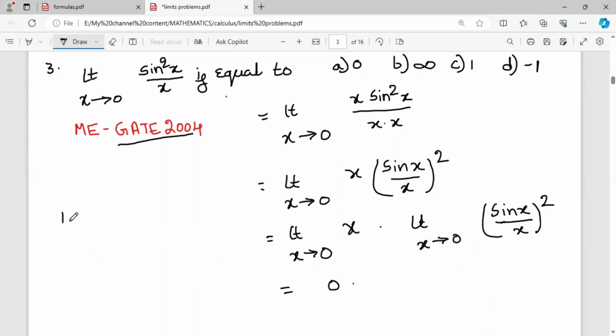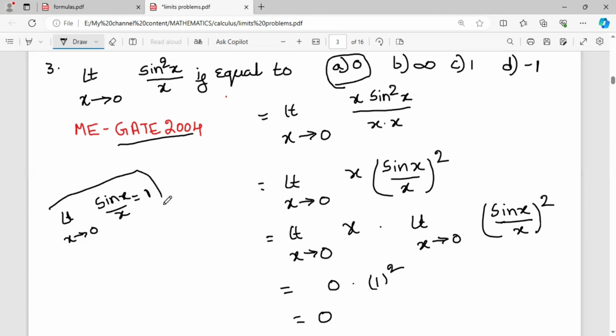It is the formula: limit x tends to 0 of sin x by x equals 1. So here 1 whole square, so this becomes 0. So that is the answer. This is the formula: limit x tends to 0 of sin x by x equals 1.